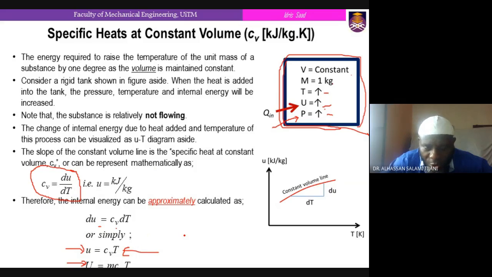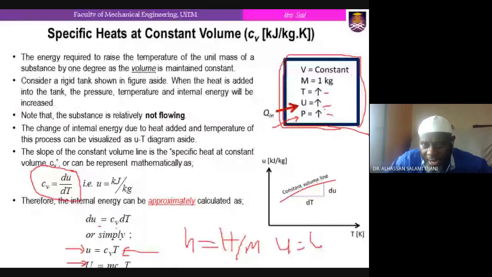Because we know that specific enthalpy is equal to absolute enthalpy divided by mass, and specific internal energy, this small u, equals absolute internal energy divided by mass. So if you want to determine the absolute internal energy, you should multiply this small internal energy by the mass. And that's what we have over here.